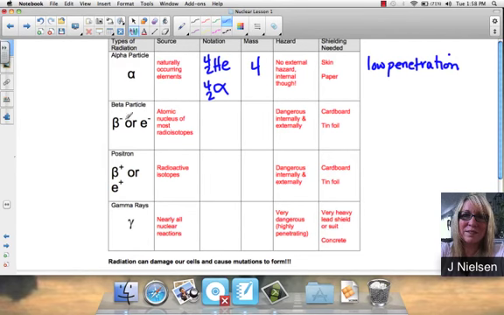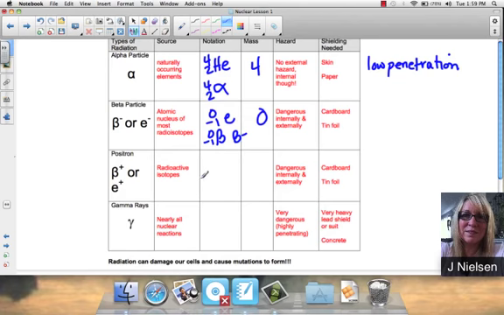Beta particle, B minus or E. This is like an electron, so it's either written as 0,-1 E. Sometimes it's written as 0,-1 B, or sometimes it's even written as B minus, as you see here. It has 0 mass. It's dangerous internally and externally, and it can pass through cardboard or tin foil.